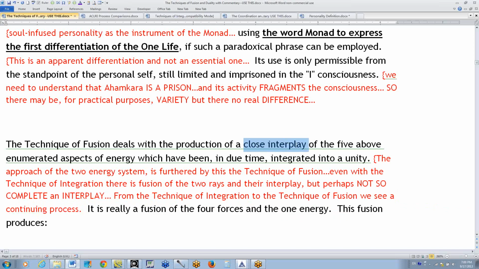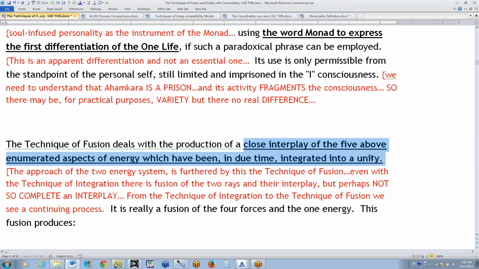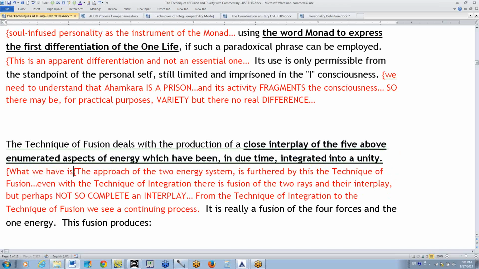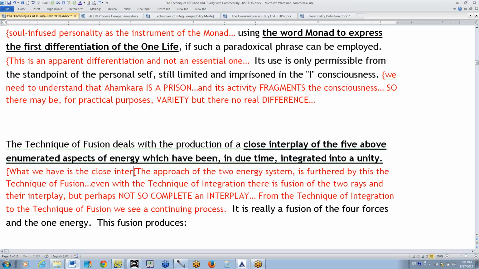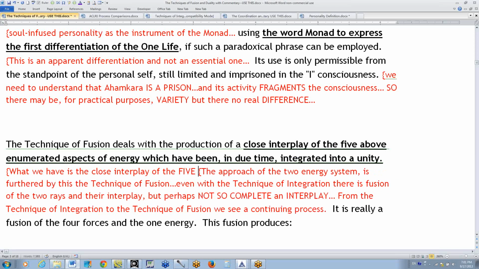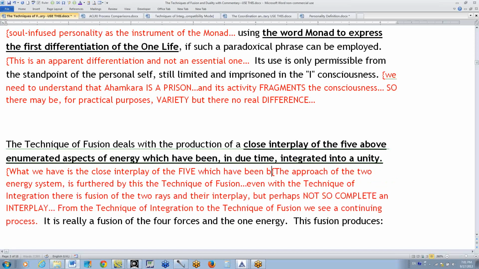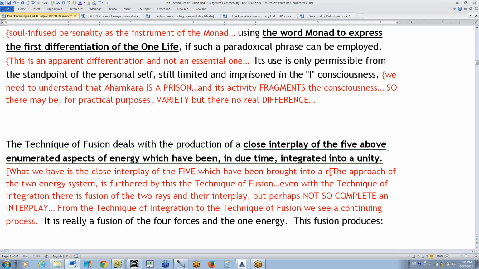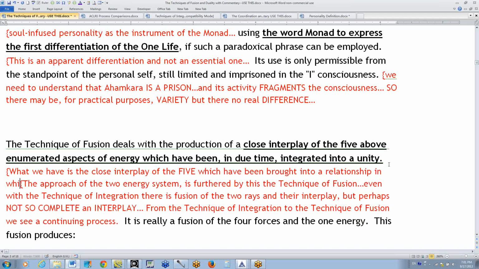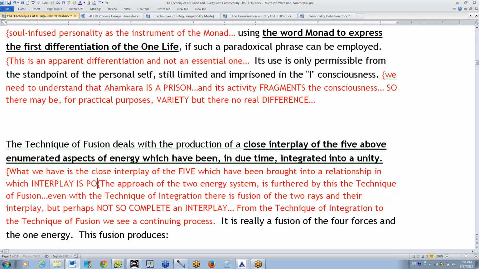So the close interplay of the five, which have been brought into a relationship in which interplay is possible.